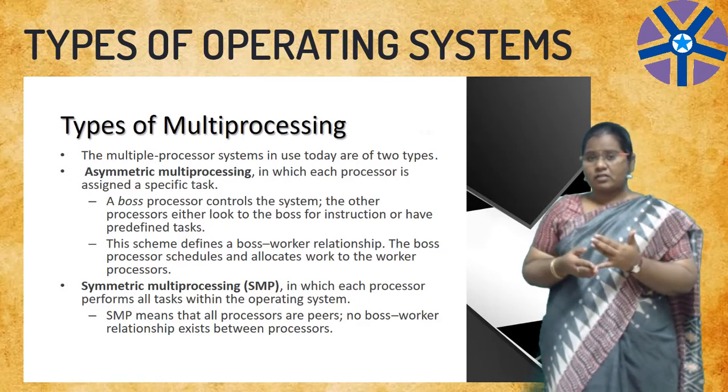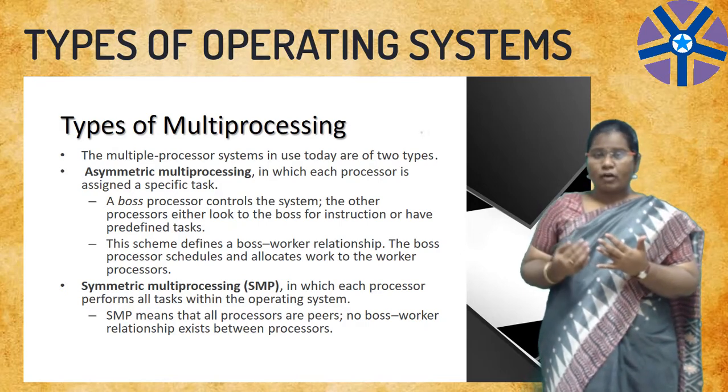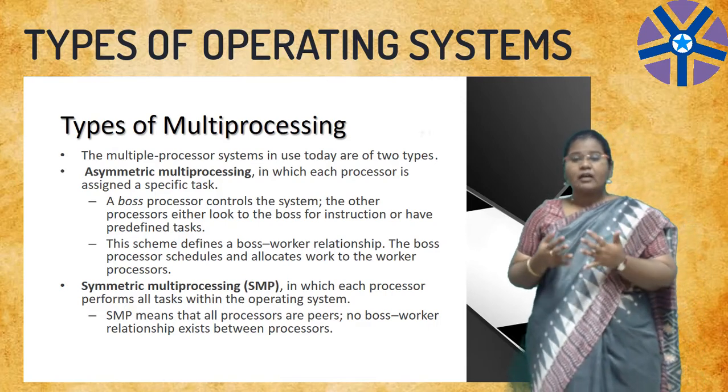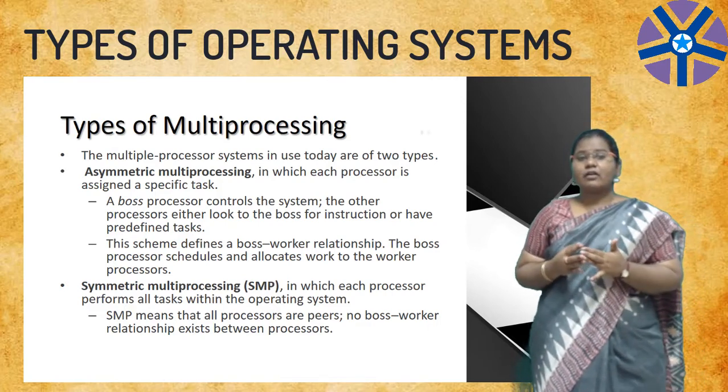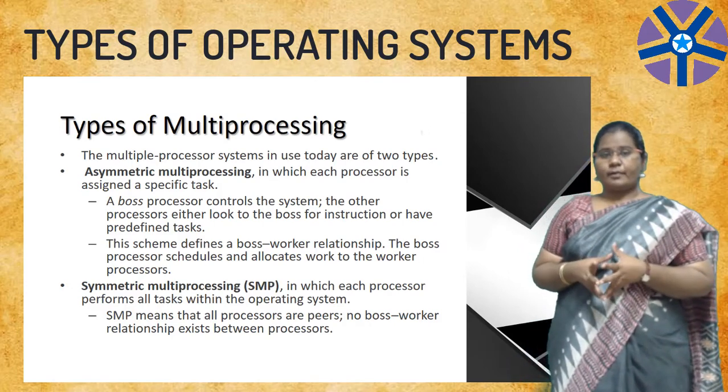If the multiprocessors have this kind of boss and worker relationship, or master slave relationship, then that kind of operating system is called an asymmetric multiprocessing operating system.